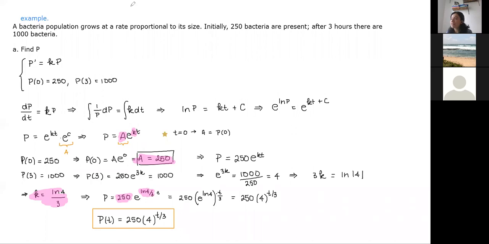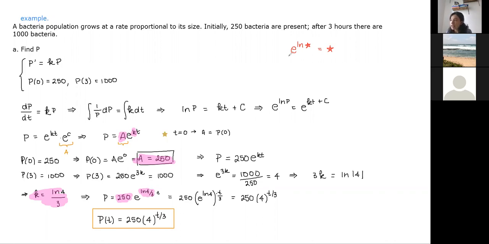Now, because I have e to the power of ln of something, and I know from previous classes that e to the power of ln of something is just going to be equal to the something inside the logarithm, I know that there will be something that I'll be able to replace at this point. Right, so the e to the ln of 4, at some point I should be able to simplify it.